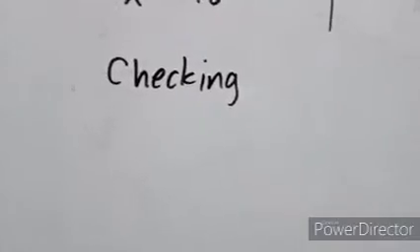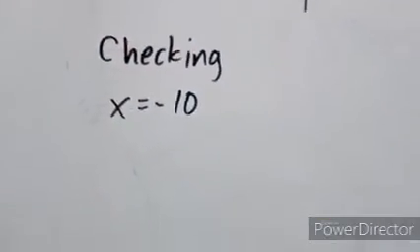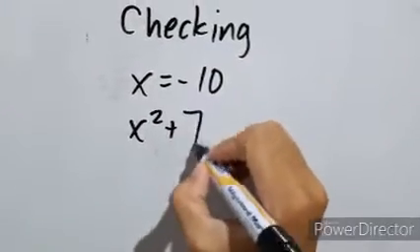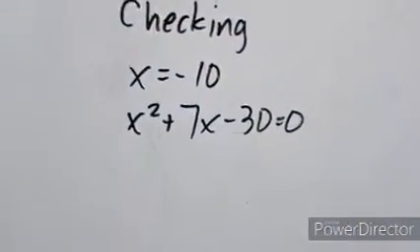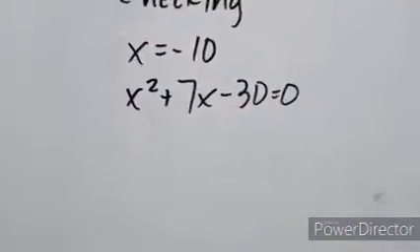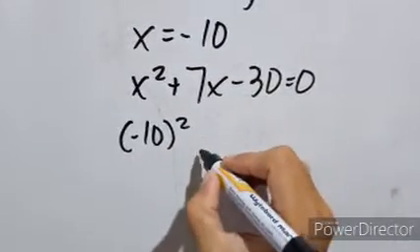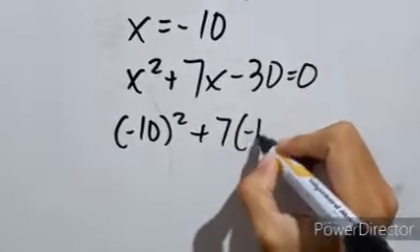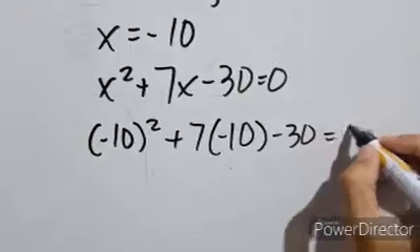So, x is equal to negative 10. Original equation natin ay x squared plus 7x minus 30 is equal to 0. Palitan na natin ngayon ang ating variable. So, negative 10 squared plus 7 times negative 10 minus 30 is equal to 0.